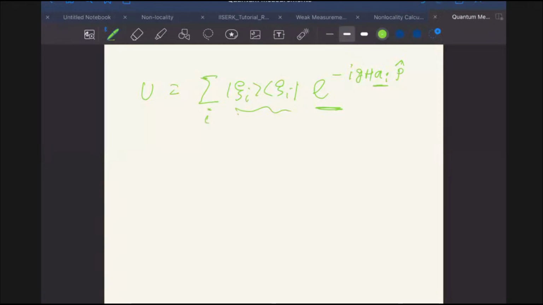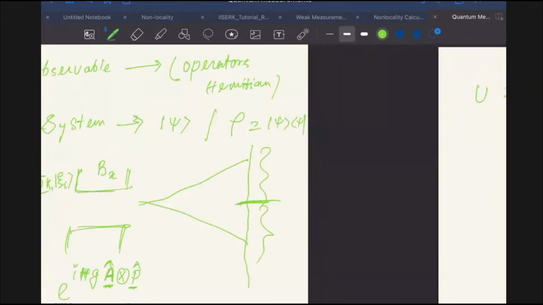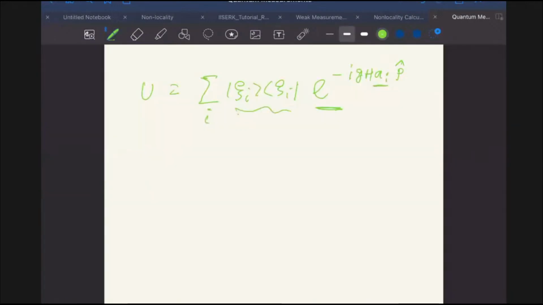Sir, there should be a tensor cross with that e power I. Tensor products. Okay, so now see, the tensor product is not there now because this is an eigenvalue, right? And again, if you consider this whole term as an operator, then you can fix the tensor product over here. But now I am not writing it. That notation is very confusing. No, still there should be a tensor product, right?